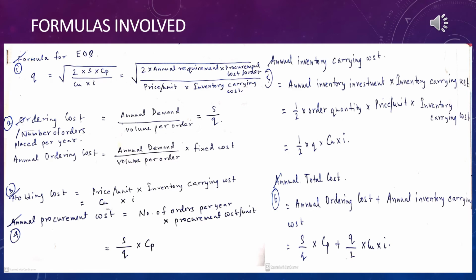So 40 into 300 into 36, and most importantly, now the inventory carrying cost has been given at 0.2, so 0.2 into 300. Now the calculation of economic ordering quantity is coming at 379 units. This is one of the most important sums in the calculation of EOQ, so kindly understand it before calculating it.